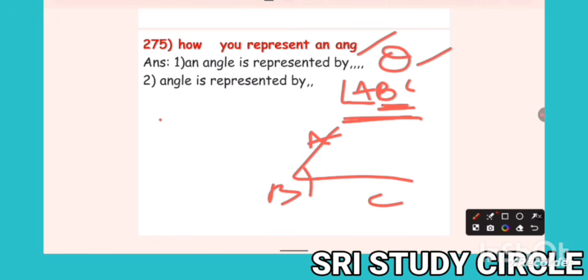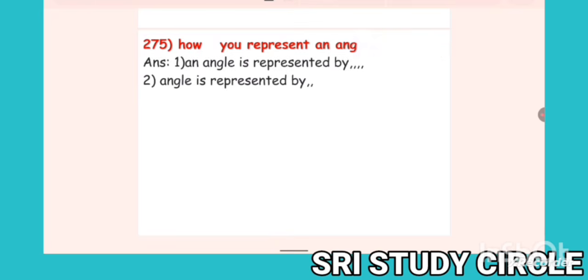This is the angle symbol. Angle at B means angle ABC.